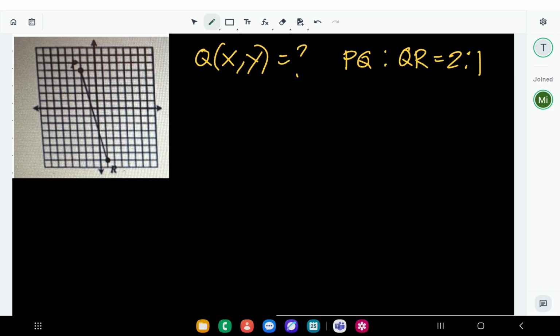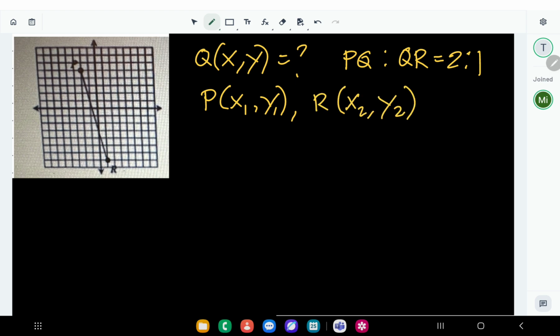That means Q divides PR in this ratio, starting from point P going towards R. So if point Q is (x, y), then let's say point P is (x sub 1, y sub 1), and then R is (x sub 2, y sub 2).